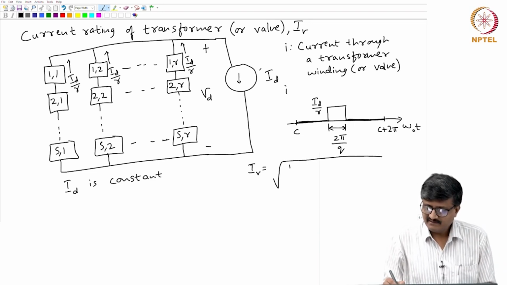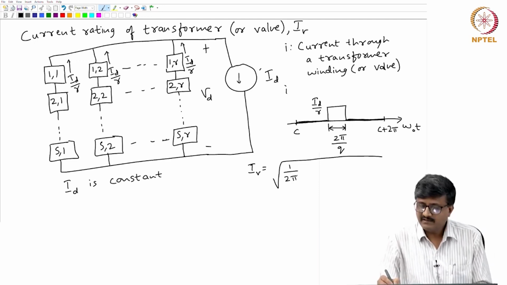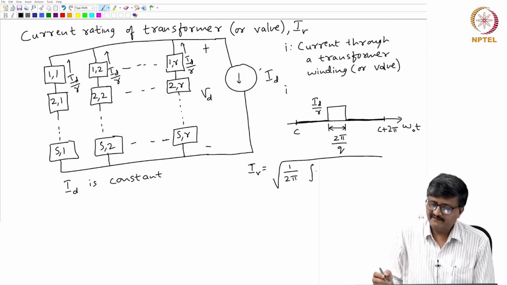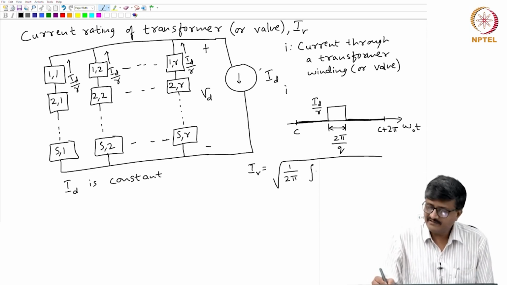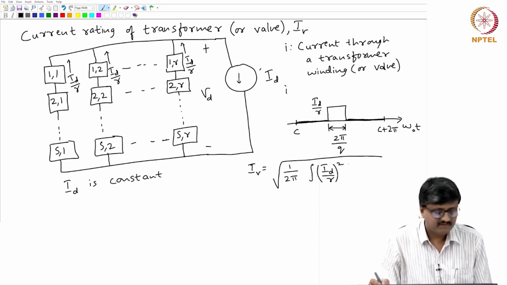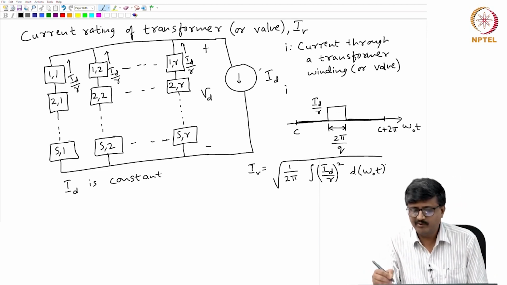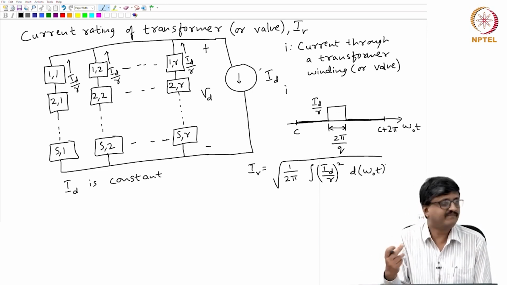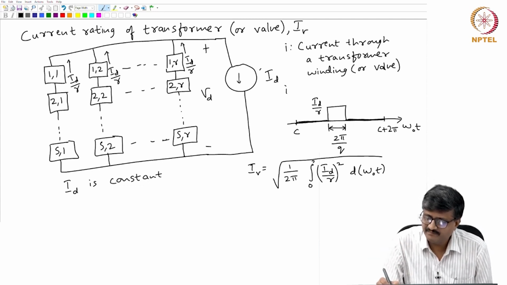There is a period 2 pi, and I have to take the arithmetic mean of the square of the current. So it is Id by R squared d omega t, and I have to just integrate this between any two limits which differ by 2 pi by q, say 0 to 2 pi by q.